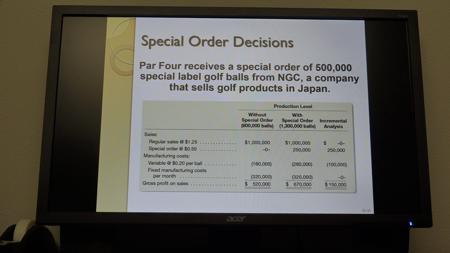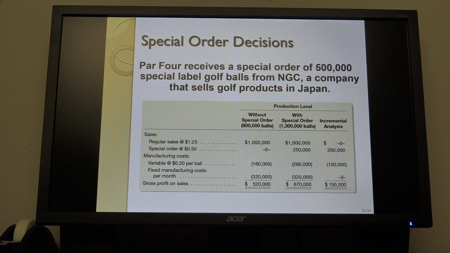And so we have to look at the differences. Regular sales don't change regardless of whether or not we accept this special order, so that is not considered. The special order revenue is considered because it does change. And under cost, the additional variable cost of producing the special order is what's considered. So the difference between what it would cost in variable cost to make 800,000 balls and what it costs with the special order is what matters.